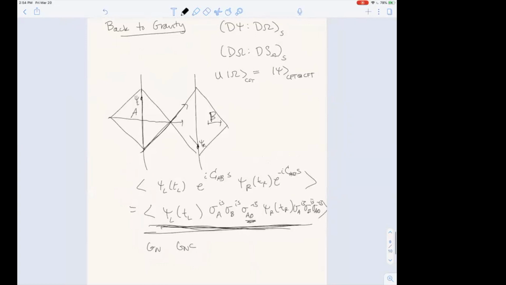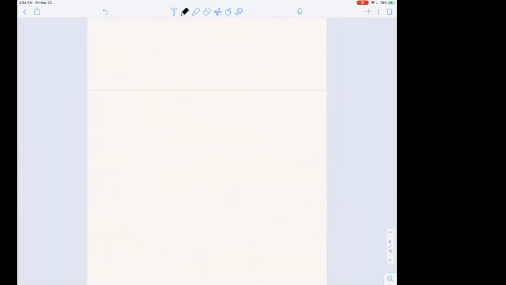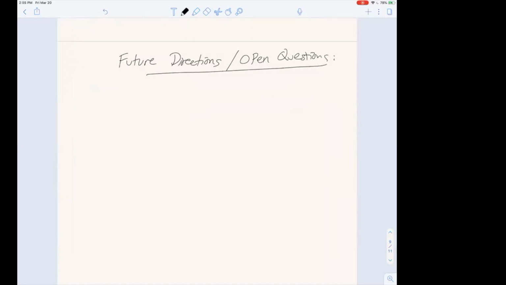Good. I think that's all I wanted to say. Let me just say some future directions or open questions, where I'll come back to what Raphael asked. So far, everything I said in the bulk, in these explicit examples at least, was only to leading order in these small parameters.